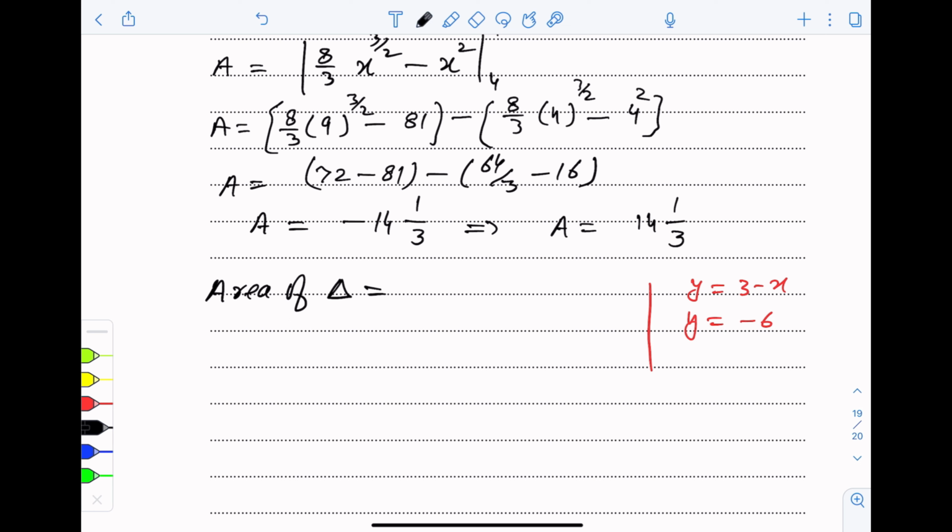So area of triangle will be 1 over 2 base is 6, height is also 6, so this becomes 18 unit square. Now we will subtract these two areas.